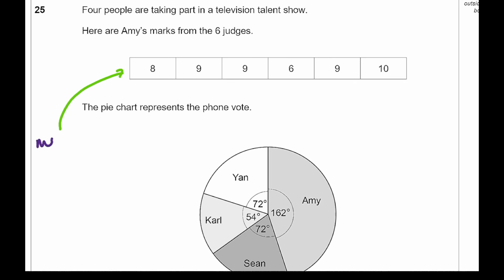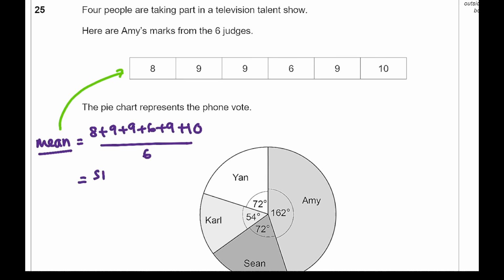So the mean is equal to the sum, so 8 plus 9 plus 9 plus 6 plus 9 plus 10, divided by 6, and that gives me a mean mark of 8.5. So it's 51 over 6, which is 8.5.